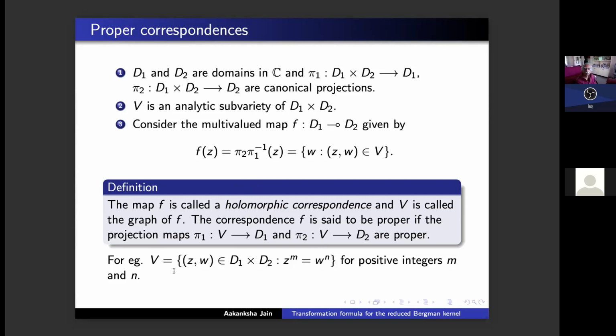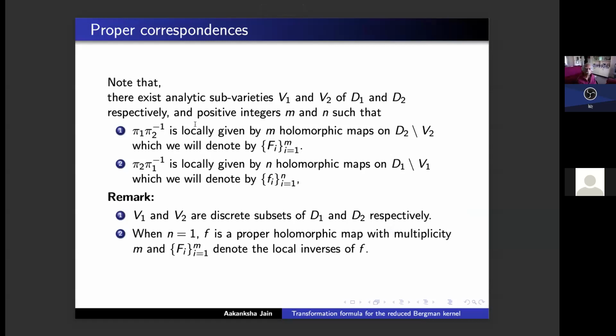Okay, so a few properties first. Note that there exist analytic subvarieties V1 and V2 of D1 and D2 respectively, and positive integers m and n, such that pi1 of pi2 inverse is locally given by m holomorphic maps on D2 minus V2, which we will denote by capital F_i's, and pi2 of pi1 inverse is locally given by n holomorphic maps on D1 minus V1, which we will denote by small f_i, i equals 1 to n.